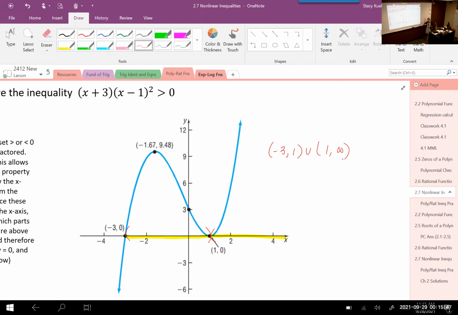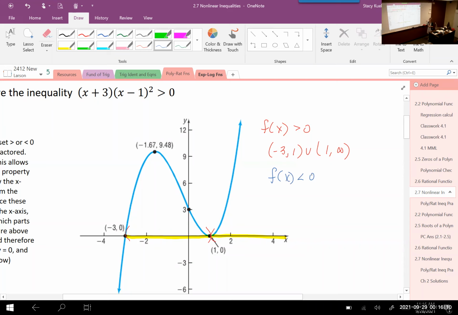Graphically, it's pretty easy. You're just looking at the setup here. So this is where the function is greater than 0. What if I change the question and I said, what is the solution set for the function less than 0?